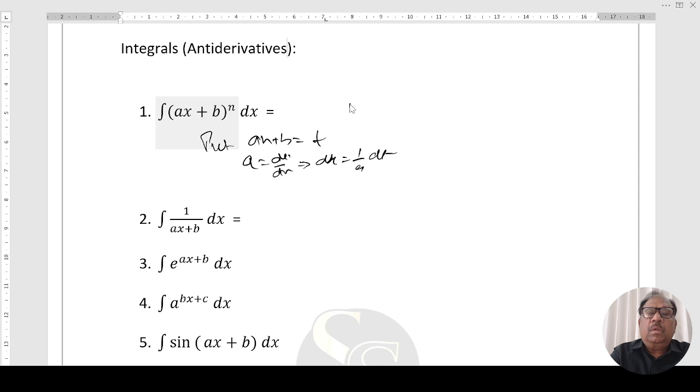So we take it forward: t to the power n, and in place of dx, 1 by a dt taken outside the integration. This comes out to 1 by a t to the power n plus 1 divided by n plus 1 plus c.